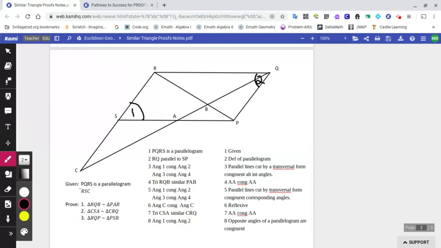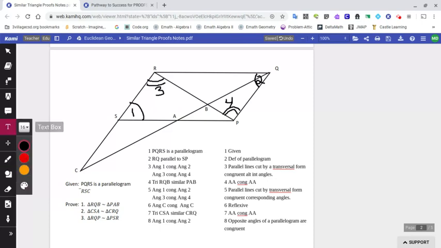Okay, so now I need another angle within those 2 triangles. I'm going to focus on these 2 now. This one and this one. I'm going to call them 3 and 4. Because now those are going to be alternate interior angles, but they use the other 2 pairs of parallel sides. So in order for me to focus on those 2, I need to actually state the correct pair of sides parallel.